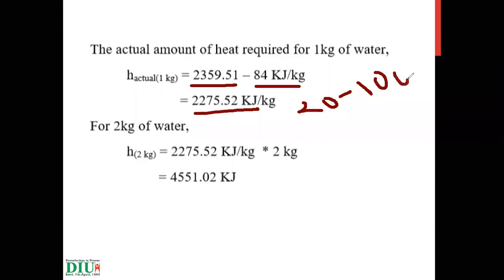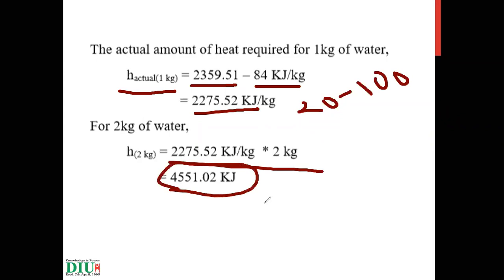But interestingly, this is for 1 kg. My students, mark my words, this is for 1 kg. We are told to find out for 2 kg. So we will just multiply with 2, and finally we'll get our desired result for 2 kg of steam, and also from 20 degrees Celsius.